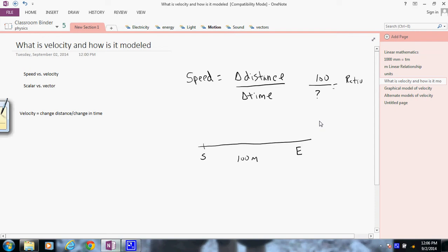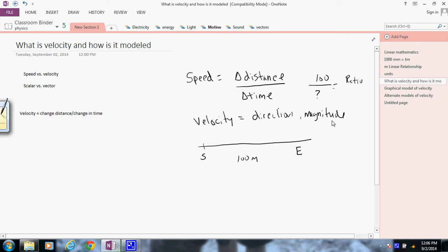Now, velocity is very similar. The only difference is that it adds an element of direction. So we're going to have not only a magnitude, but we're also going to have which direction it's going.